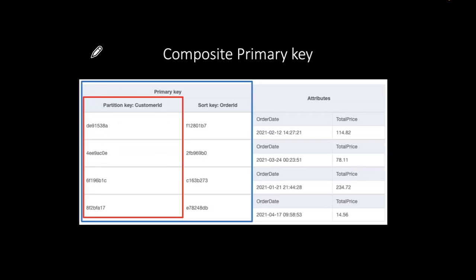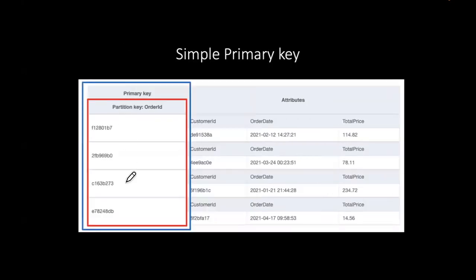And again, just to repeat it, if you know that you will need to read a collection of orders for a particular customer, then you should use this composite key approach. However, if instead you know that that will never occur, you'll only ever need to read individual orders and you'll know the order number, in that case this simple key structure would suffice.